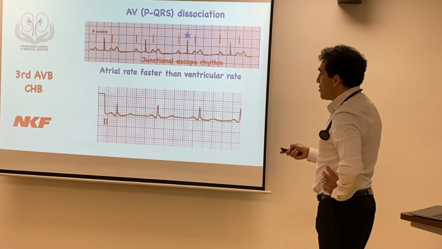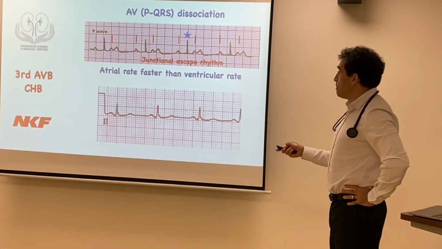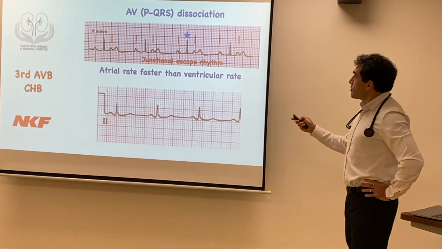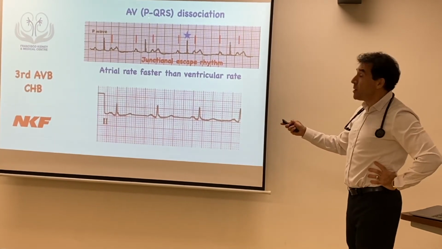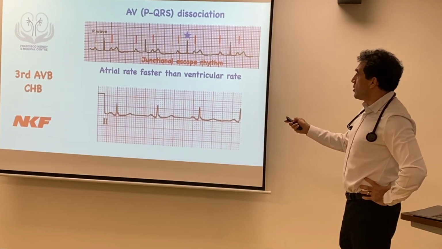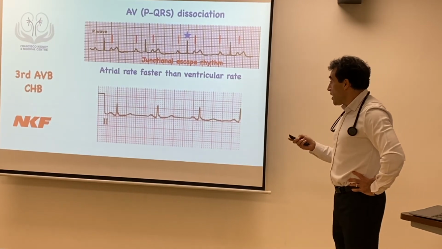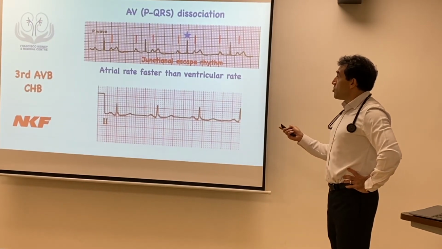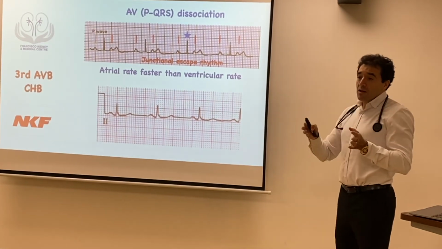This is third degree AV block, that is the worst, also called complete heart block. There is what is called AV or atrioventricular dissociation, meaning that the contraction of the atrium and the ventricles are separate.